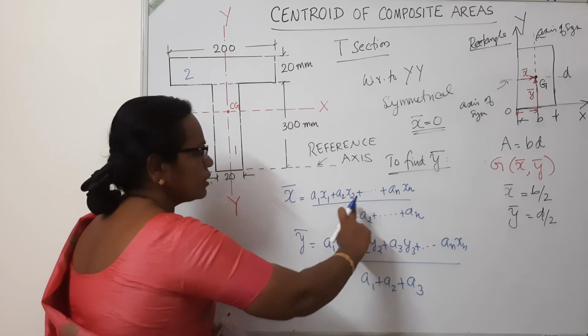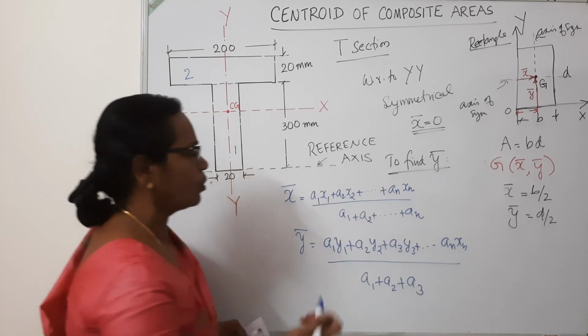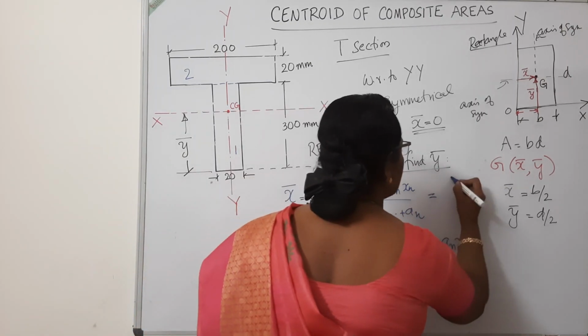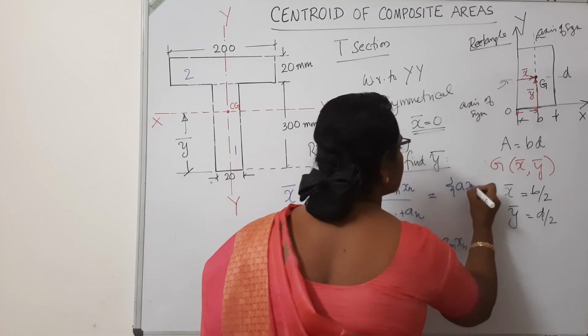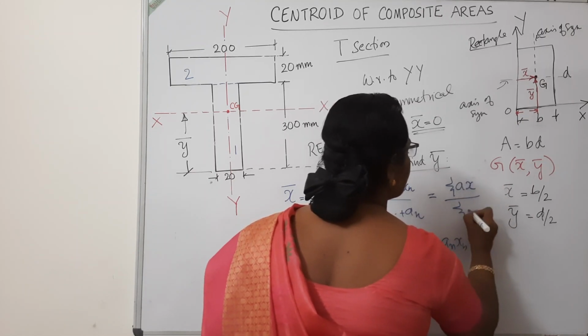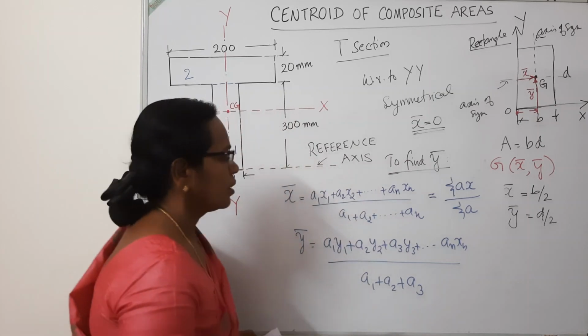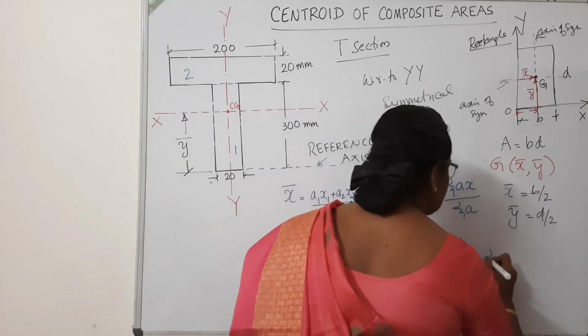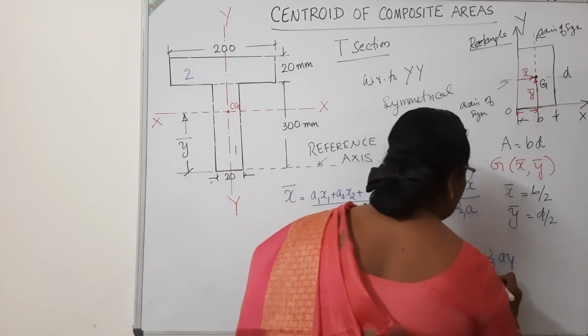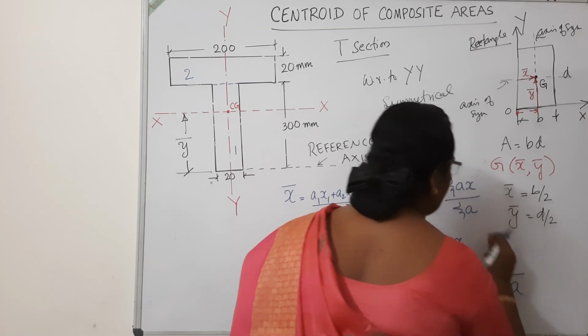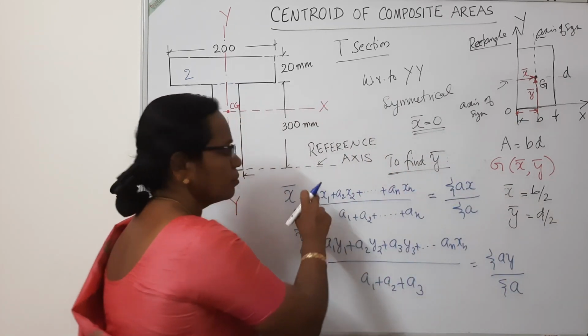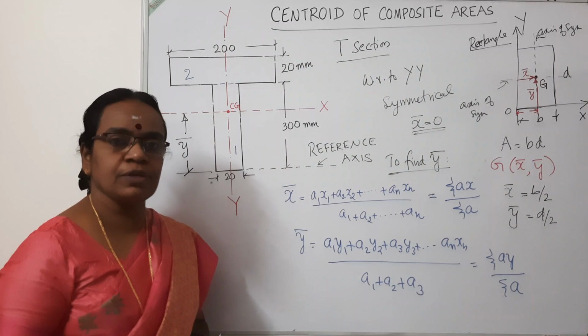a1x1 plus a2x2 divided by a1 plus a2, or we can write it in a simple form, sigma ax divided by sigma a. Next, y bar is equal to sigma ay divided by sigma a. Ax is called the moment of the area, the first moment of the area.